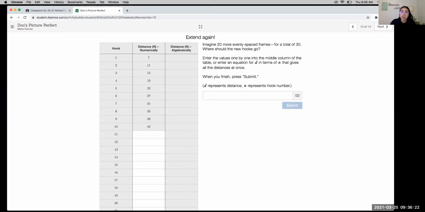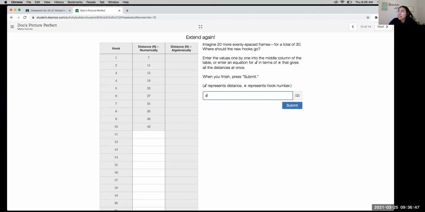There's almost like a little shortcut here, and that's by writing an equation. So if you're brave enough, you can try writing an equation that would place all these hooks correctly. And that equation just basically models what's going on with all of our hooks and our distances. And I'll even help you guys out since you've been doing such a fantastic job. I'll give you a little model of what your equation should look like.